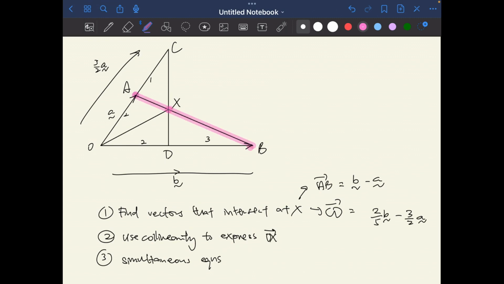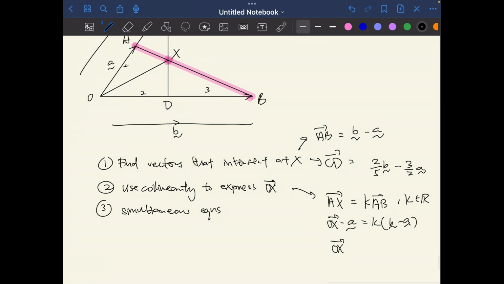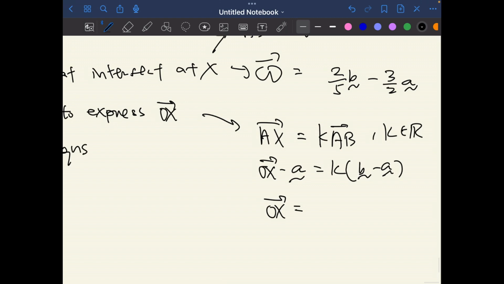So you can say that AX is parallel to AB, so I can say AX equals k times AB, where k is a real value. Then you can do OX minus OA equals k times AB, and you get an expression for OX in terms of k. So you will get (1 minus k)a plus kb.